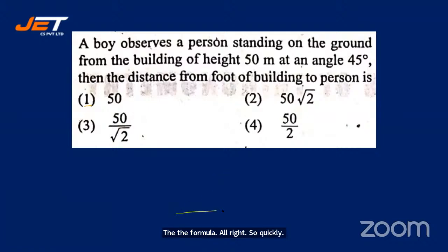By then, let me tell you how this can be done. This is the base, this is the foot, and this is the height of the building. How do you find it using the tan theta formula?